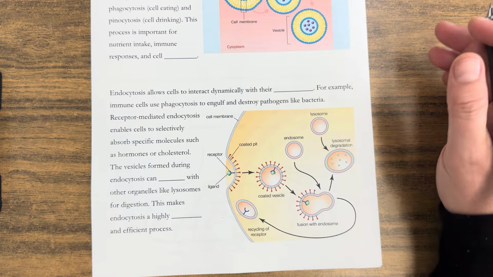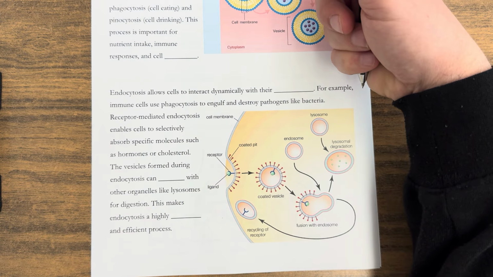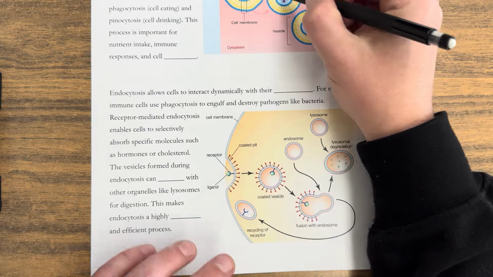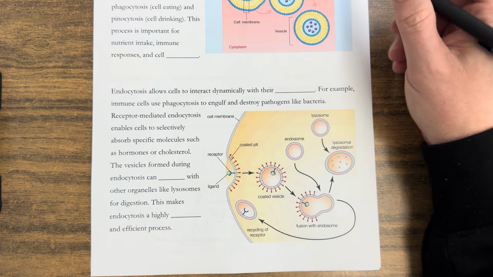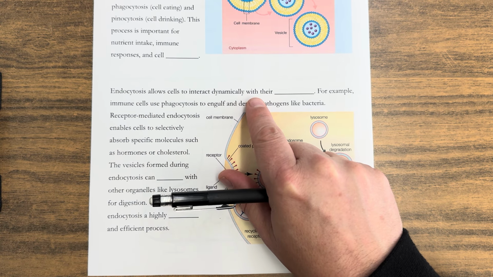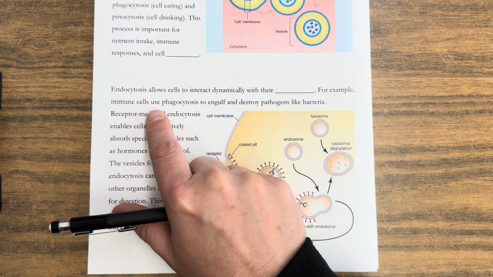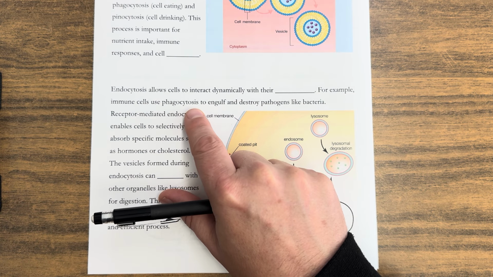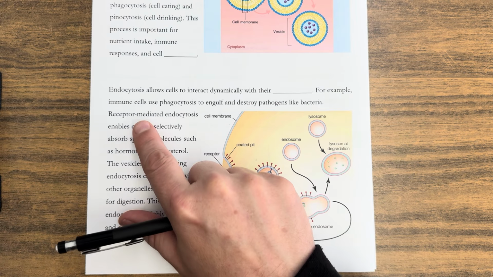And then in this one here, we have more on endocytosis. So still taking molecules into the cell, but wrapping them in cell membrane. Endocytosis allows cells to interact dynamically with their environment. For example, immune cells use phagocytosis to engulf and destroy pathogens like bacteria.